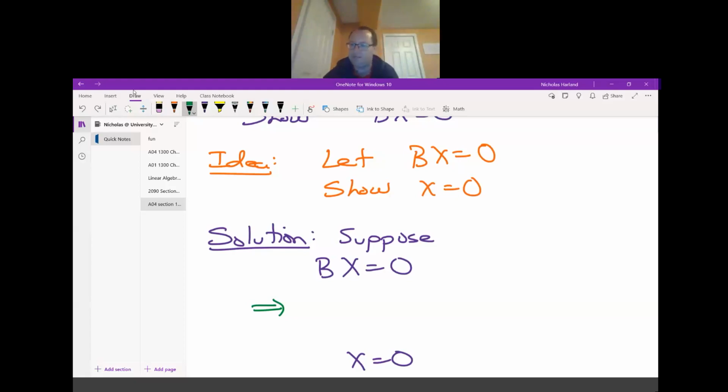What should we multiply by if we want to get AB there? Yeah, we're going to multiply by A. Of course, multiplying the zero matrix by A doesn't change anything. So now we have that ABX is equal to 0, and it's associative, so that's great.